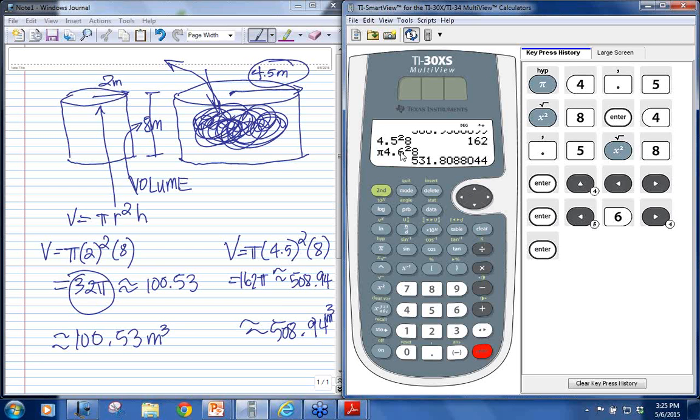Let's repeat that real quick so that we know the steps. Say I want to change this now to 4.9. I scroll until I'm on that line, and it highlights the entire equation. I don't want to edit this whole thing, so I just press enter, and the calculator automatically copies that whole line onto a new last line.